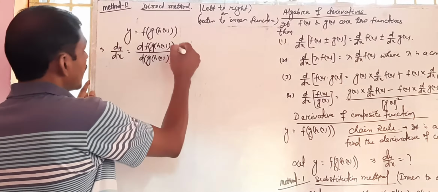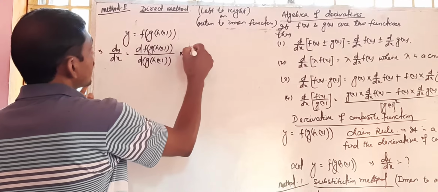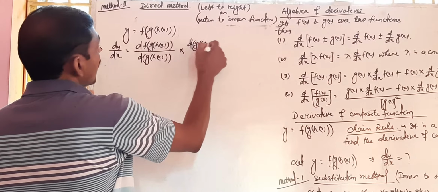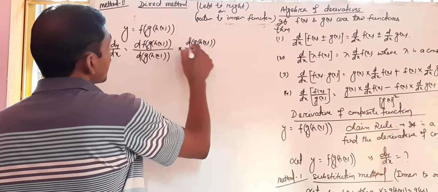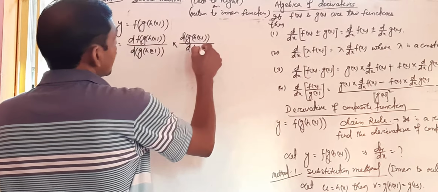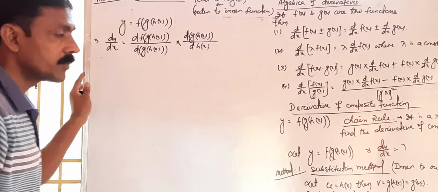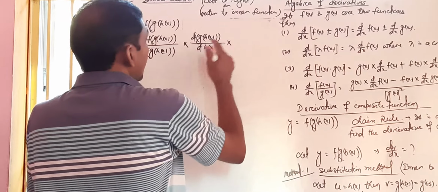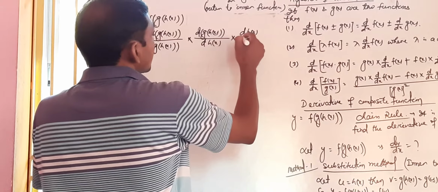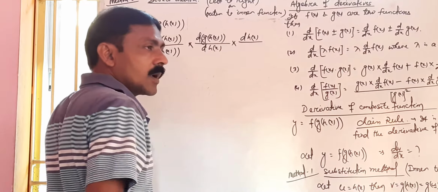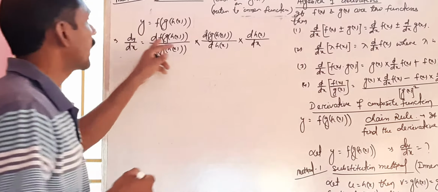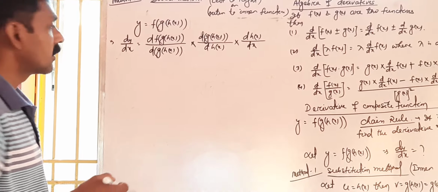Then in the same way, the next numerator will be this, so derivative of g of h of x by, again your first function is g, so we write derivative of h of x into, again it is derivative of h of x. Now your outermost is h, what is remaining? Only x.